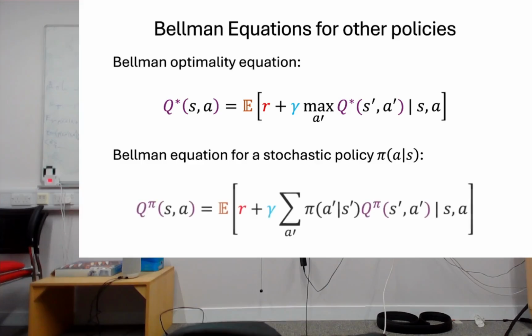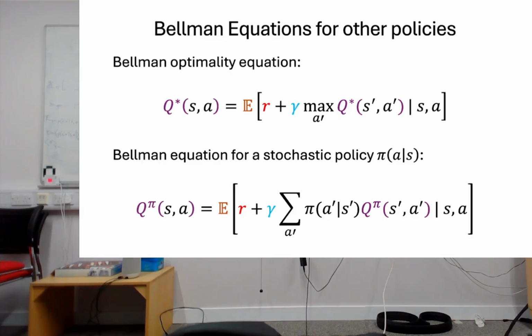So what does that look like? Again, I'm averaging over dynamics here, reward plus gamma, and this is all the next state value. Let's unpack that. The value of being in S prime is the value of being in S prime and taking action A prime, weighted by the probability that I take A prime, and then summing over all these actions. Does this make sense?